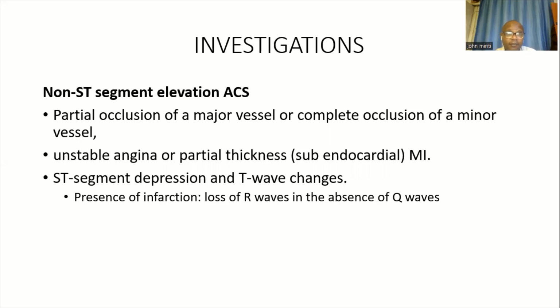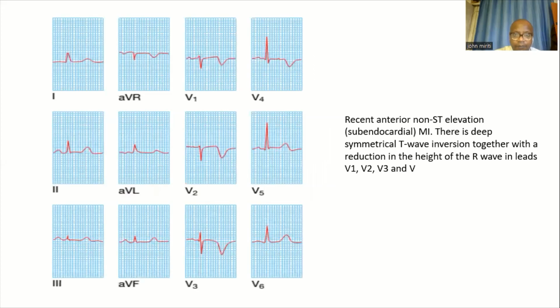There are ST segment depression and T wave changes, and presence of infarction with loss of R wave in the absence of Q wave. This is the ST elevation in subendocardial myocardial infarction. There is a deep symmetrical T wave inversion together with a reduction in the height of the R wave. This is an example of acute coronary syndrome wave types.